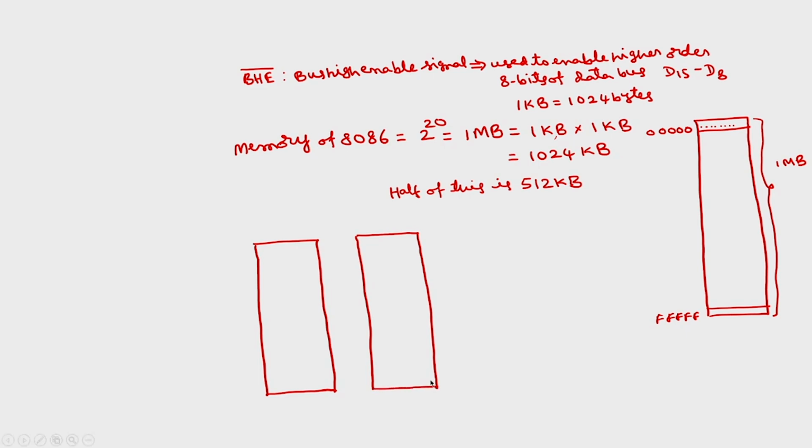It is 512 kilobytes, this is 512 kilobytes, this is 512 kilobytes. The address of this one will be odd addressed, this is even addressed.